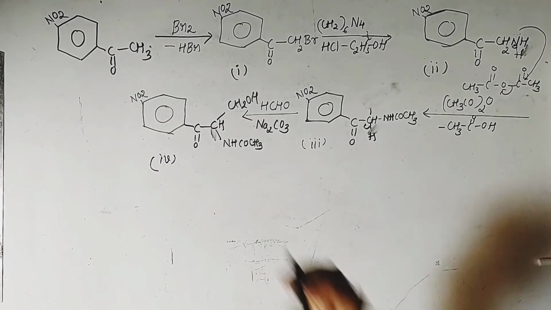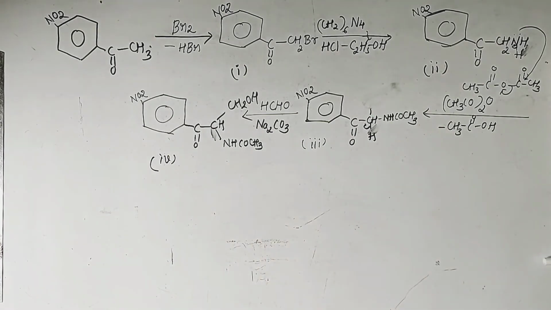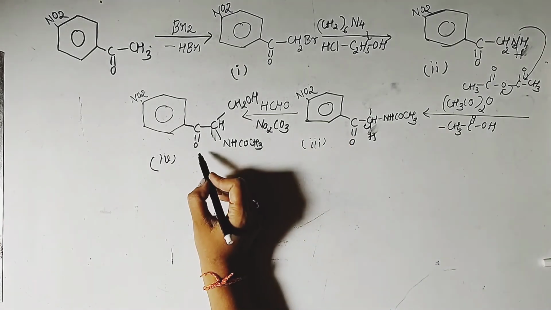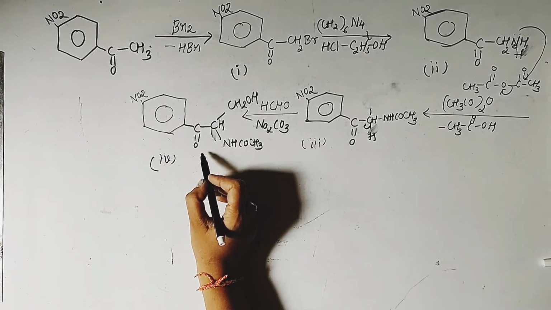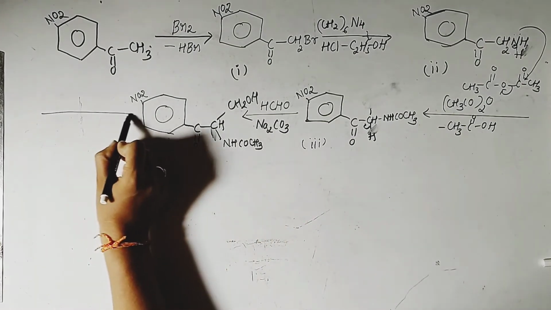So later at this first carbon we need an alcoholic group, and we can introduce the alcoholic group by a simple reduction process.